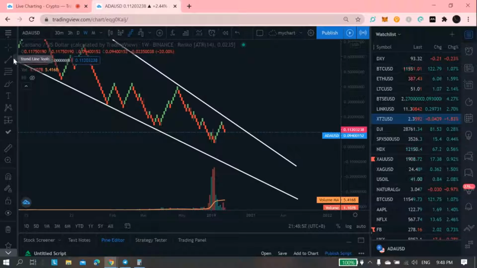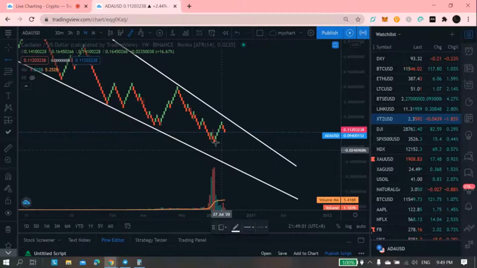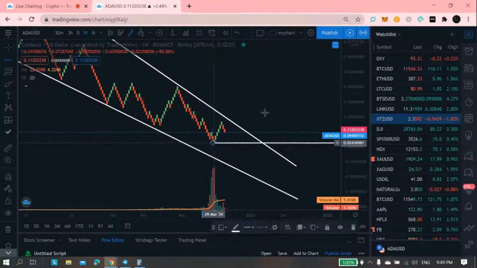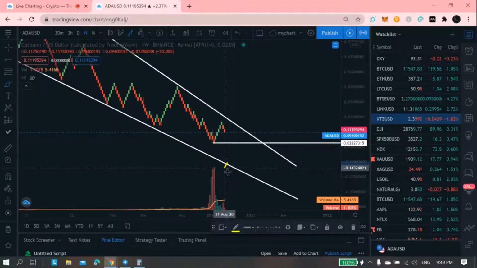But the support I'm looking at is of course, on a conservative note, I will wait here. If it breaks down at this 0.02 area, it could possibly retest this area.